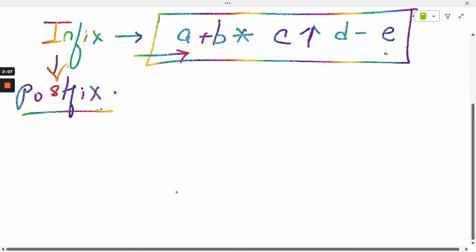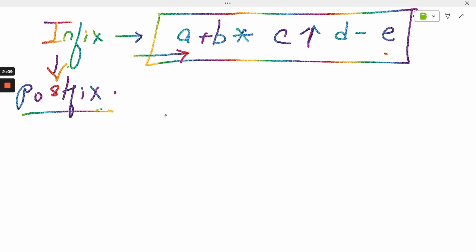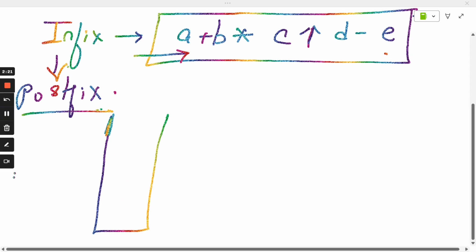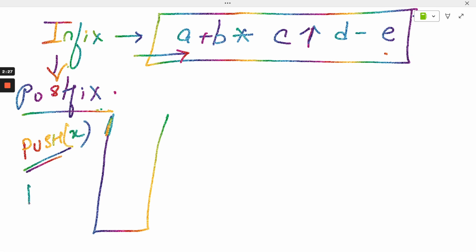So the theory behind this is we take a stack, and we already know how to declare a stack and the top variable, and then we perform two operations, that is push and pop. We have already seen how we do push x and pop.